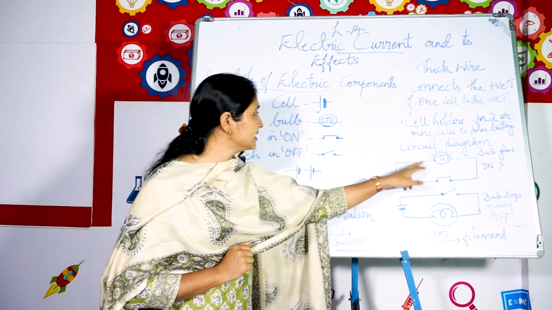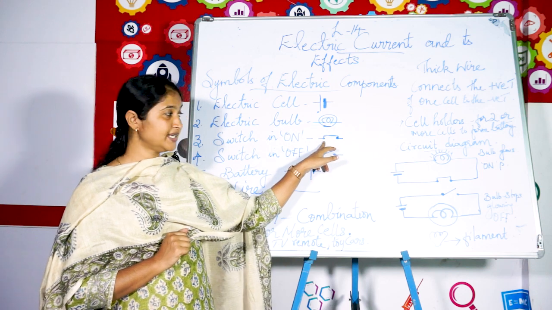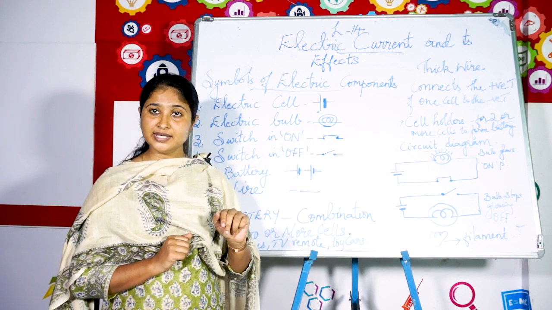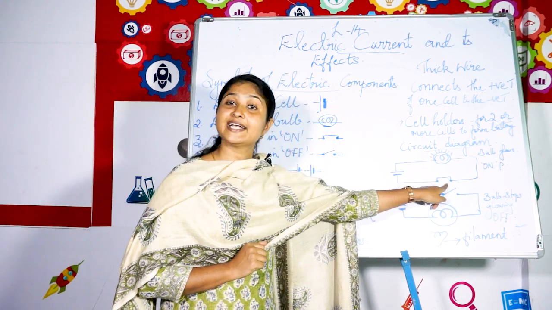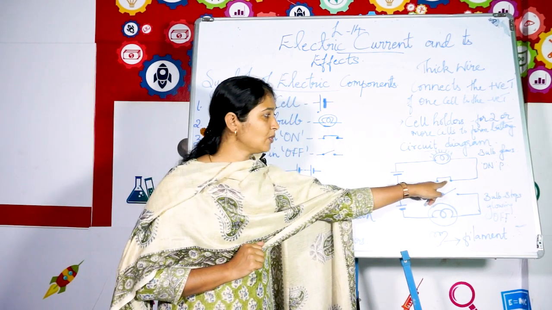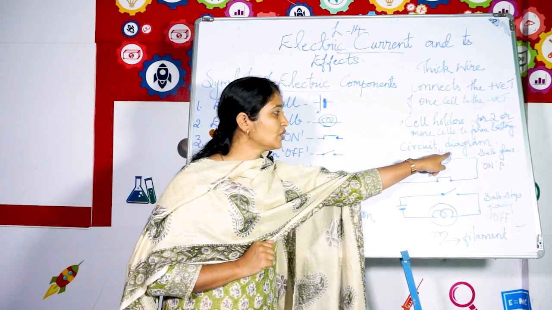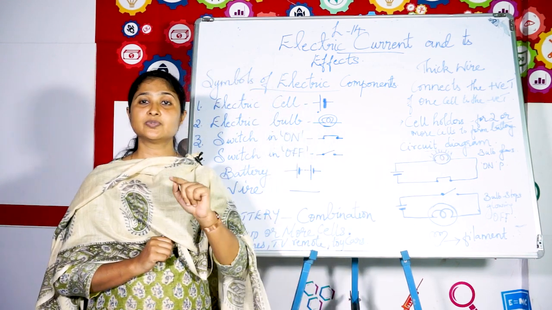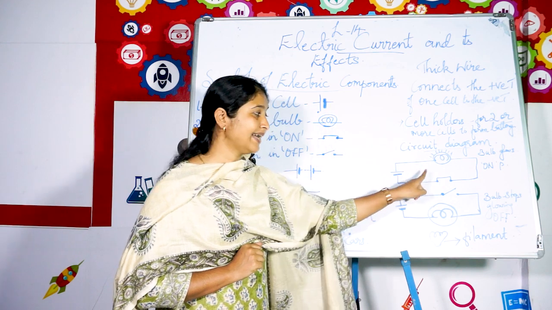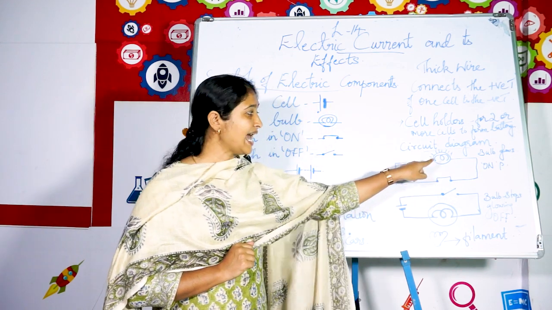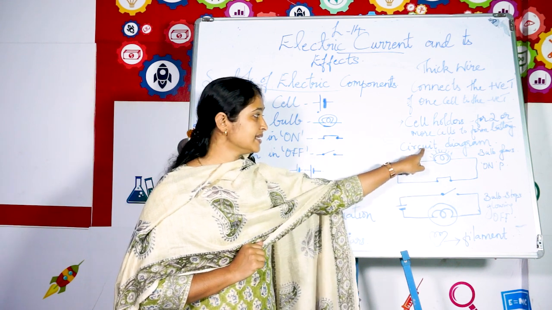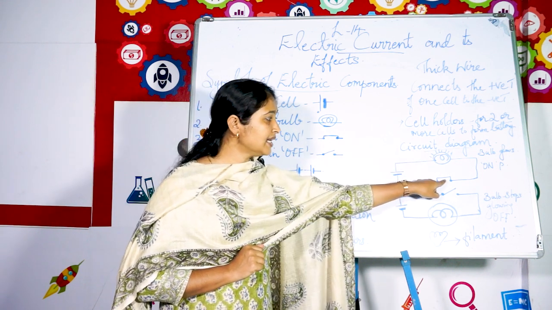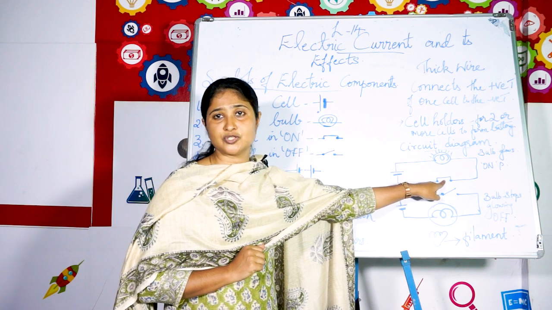When the switch is in the on position, both the points are connected. So what happens? The bulb is glowing. The electricity is passing through, and the bulb is glowing. So this is the circuit diagram with the switch in the on position.